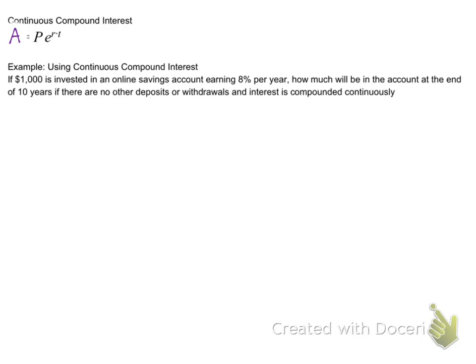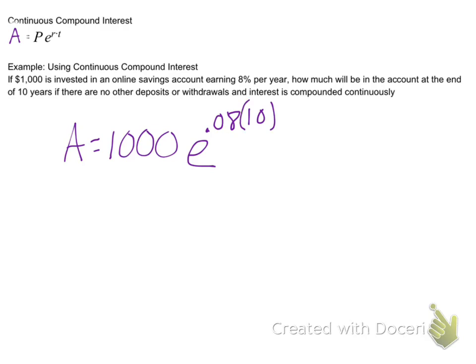But if I said I want to look at this continuously, I could take the same $1,000, which is what this problem is asking me to do here, e to the same rate, 8%, over that same 10 years. How much money am I going to have?